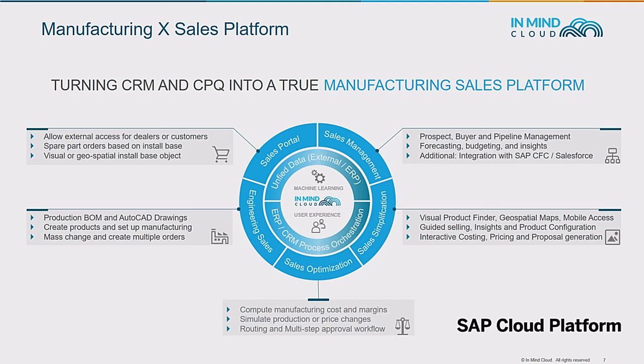Sales optimization is, of course, about how I can compute my margins and my costs the right way, and how I can simulate production costs and price changes. All of that is covered with sales optimization. Engineering sales is directed at the bill of material, AutoCAD, everything involved where you go a little out of your standard sales process.